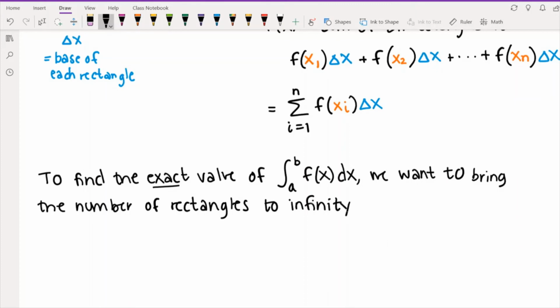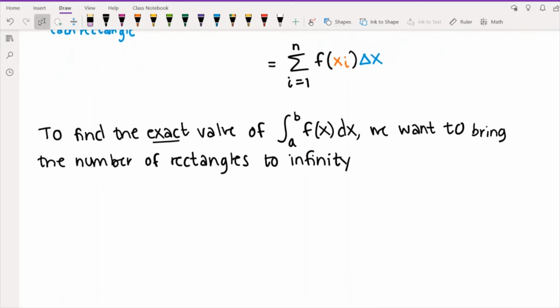So how can we take the expression that we just had? Well, we can now just throw in a limit. I'm going to use one new color just because it will help to demonstrate something in a moment. So if we take the limit as n approaches infinity of the sum from i equals 1 to n of f of xi times delta x.